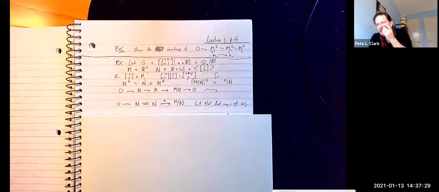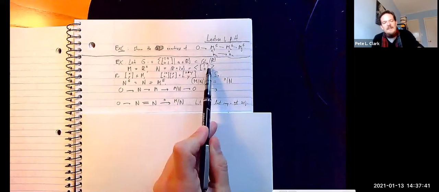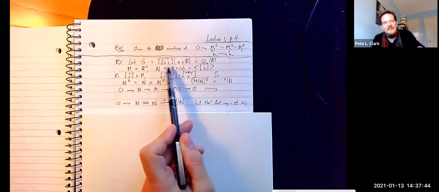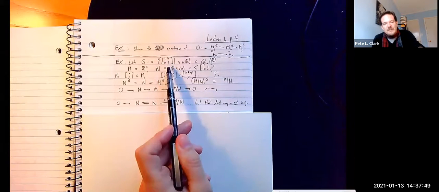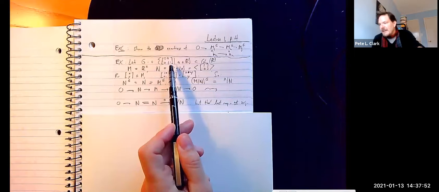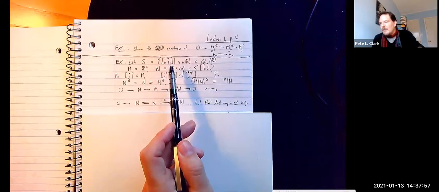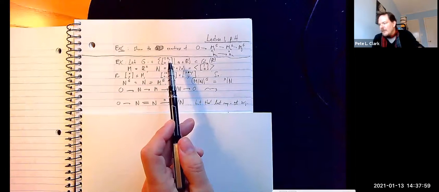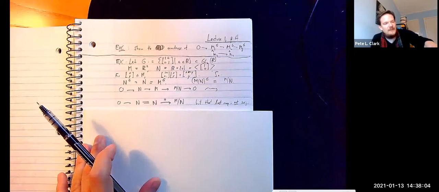I really wanted my example to be where M is a real vector space, to indicate that this can go wrong even if you have a real vector space. Okay, so what is G? G is, not the world's nicest subgroup of GL2(R), I admit. It's this unipotent subgroup. These are the upper triangular matrices that have ones along the main diagonal. Okay, so this is a subgroup. By the way, it's easy to see that this subgroup is isomorphic to the additive group of the real numbers. Okay, all right. So that's a certain subgroup.